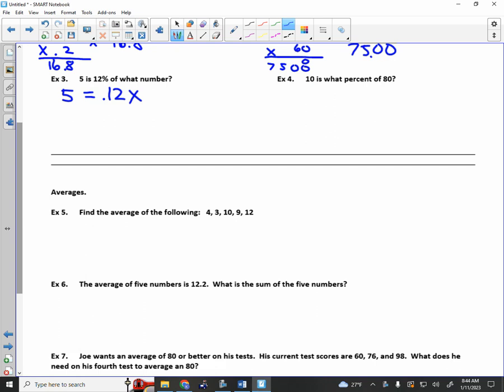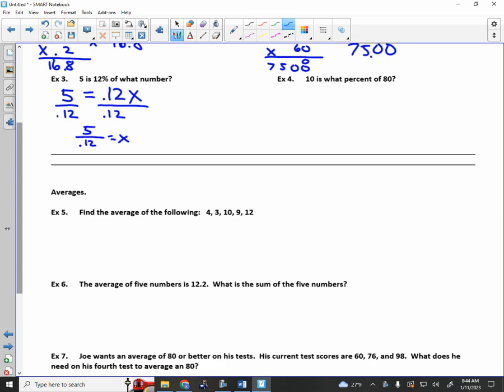Five equals 0.12 times x. If we want to solve that equation, we should divide both sides by 0.12. 5 divided by 0.12 is equal to x.